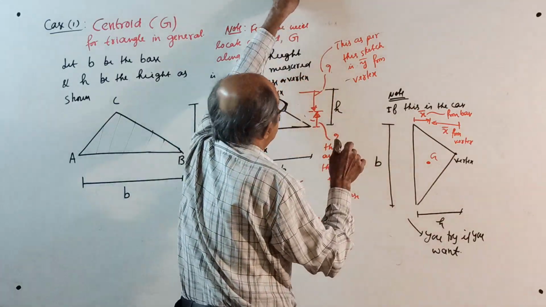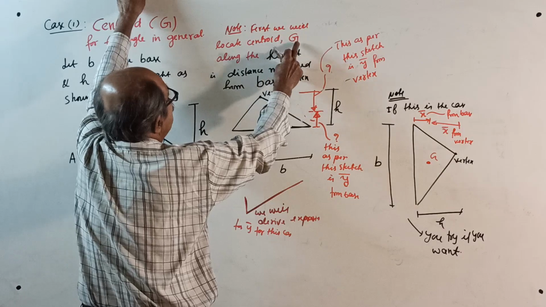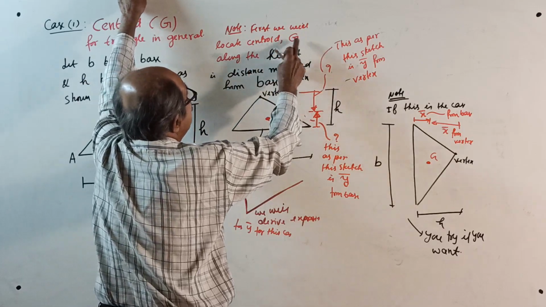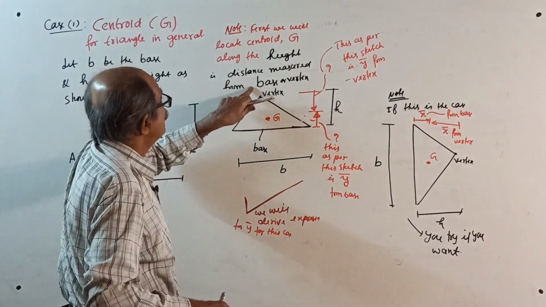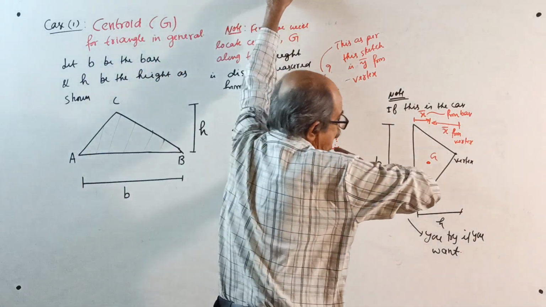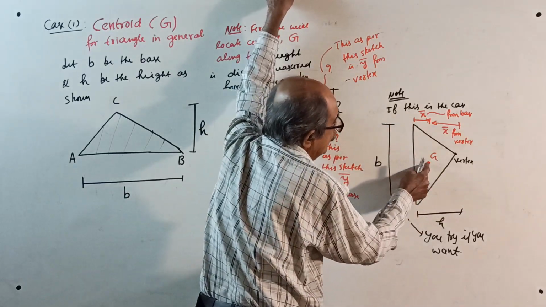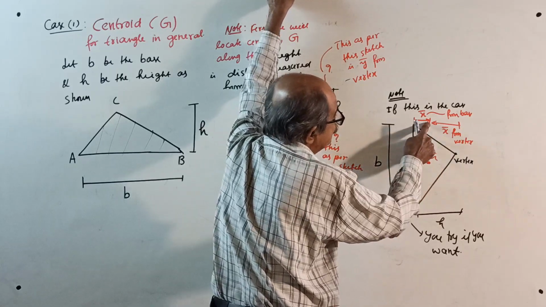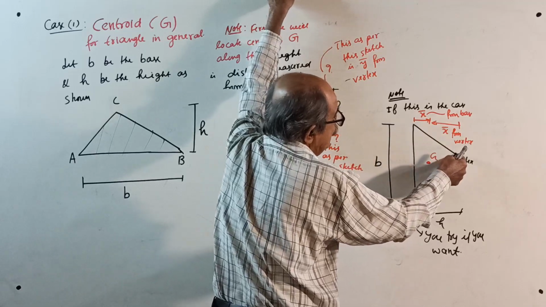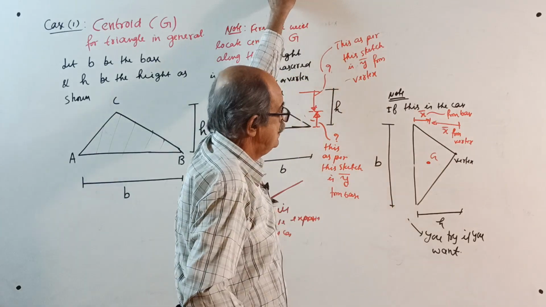We are locating the CG, or finding the distance of the CG along the height measured from base or vertex. So here this is the height. We will measure either from here or from here. If you measure from here, it is from the base. If you measure from here, it is from the vertex. Now this will become x bar, not y bar.